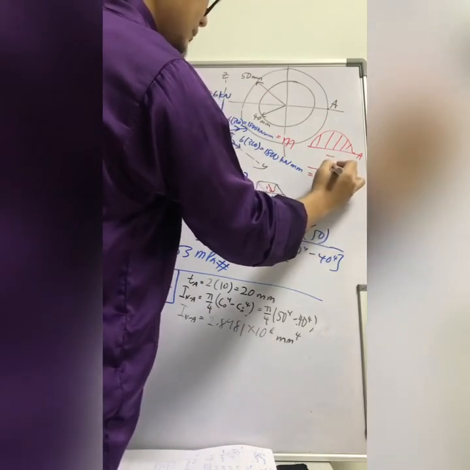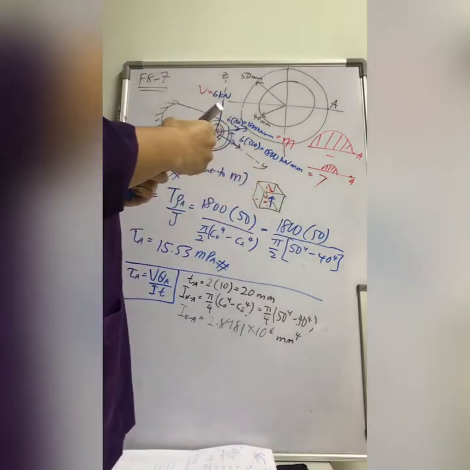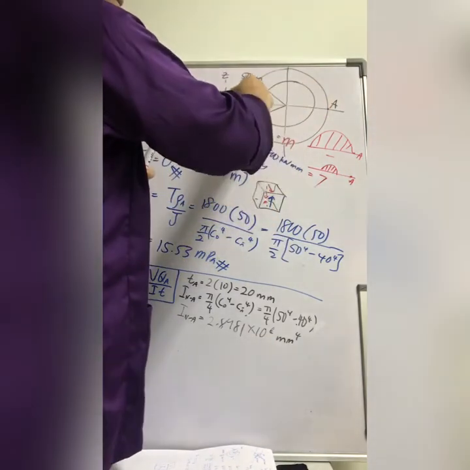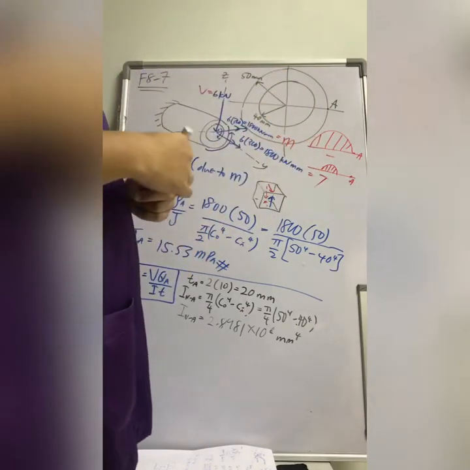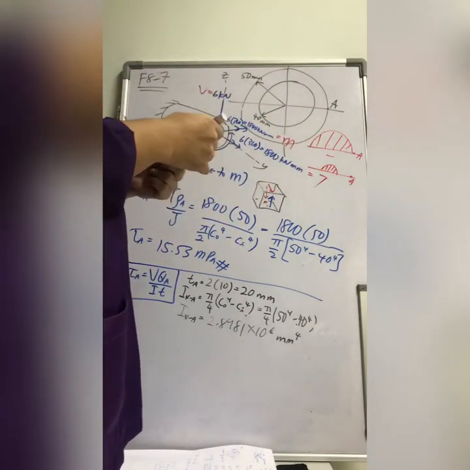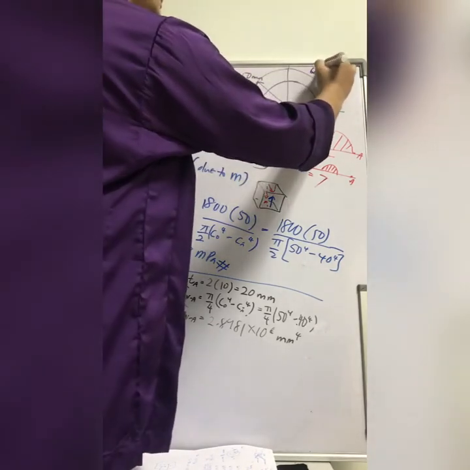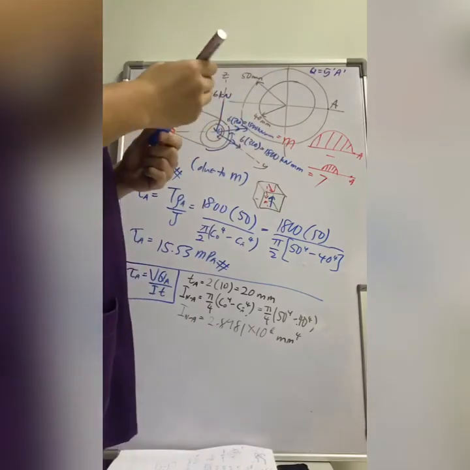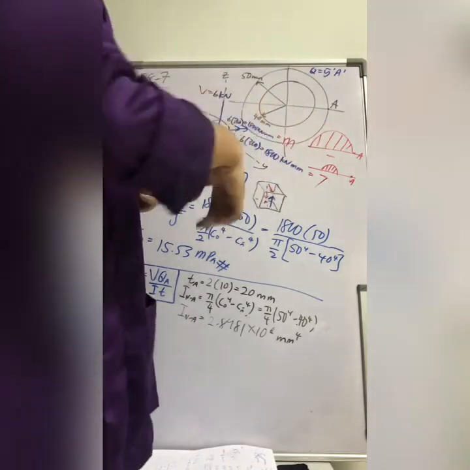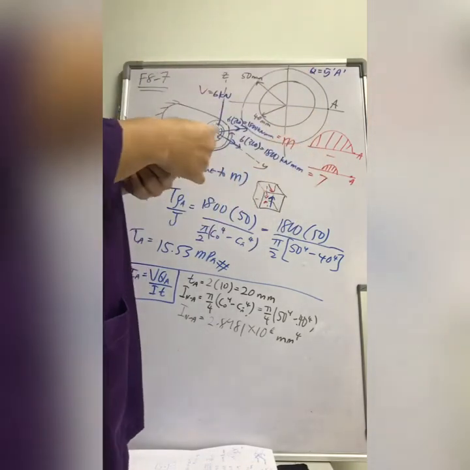Is it okay? The big one, the big Q, and then the small Q. You have to subtract them. And what is Q? Q is y tilde prime A prime, isn't it? Of course, in this case it will be a summation, but one is positive, one is negative. So when you sum them up, this one is negative, right?